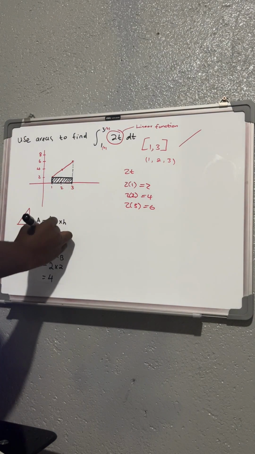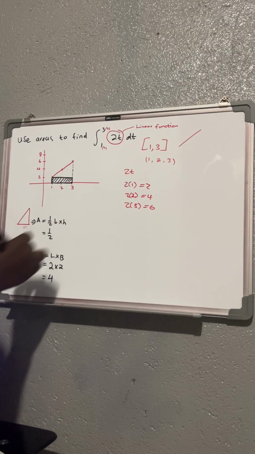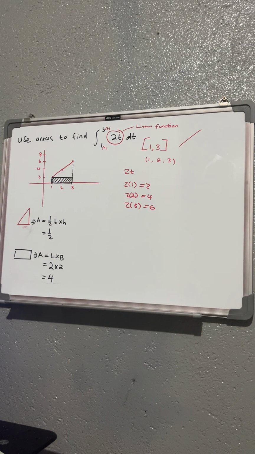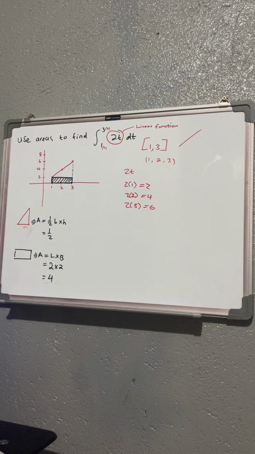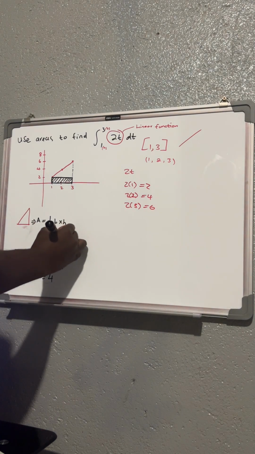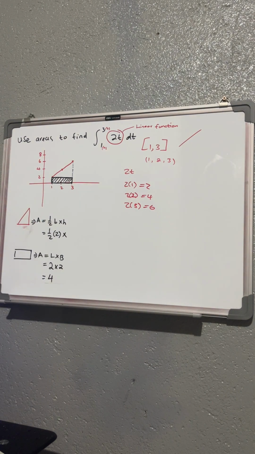Then on this one, you have half of base. Your base, we just explained, is this one here, which is 2, multiplied by your height.